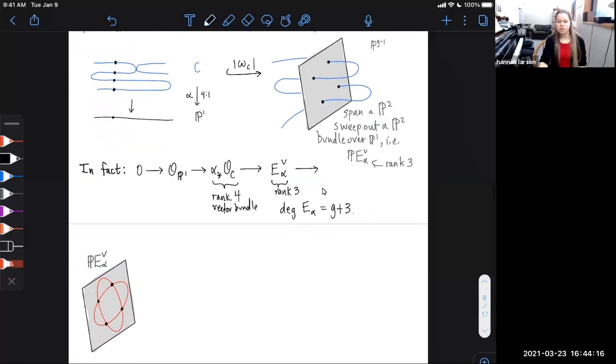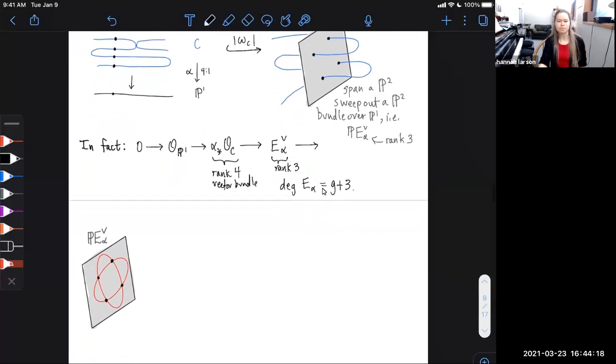Now there's another vector bundle that we can associate to this cover. And it comes from looking at the 4 points in each of these P2 fibers. So it turns out these points will have the property that no 3 are collinear, because that would correspond to the case when I have a degree 3 map plus a base point.